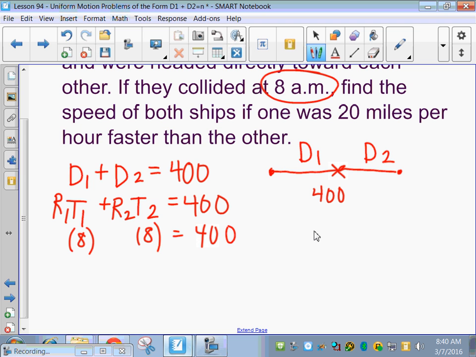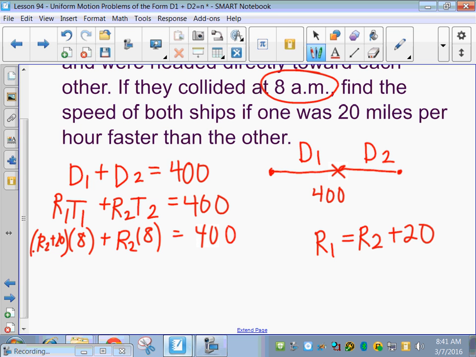Isaac? Okay, yep, one was 20 miles per hour faster than the other one. We could have also said rate 2 equals rate 1 plus 20 because it doesn't say which is which. We're just going to find one that's faster and one that's slower. All right, so let's replace R1 with R2 plus 20.